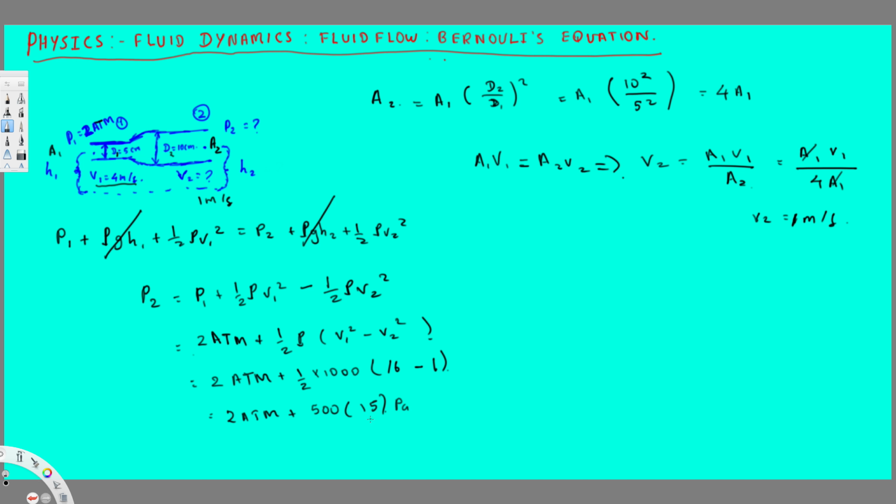We know that 1 atm is going to be equal to about 101,500 Pascal. So let's convert this Pascal into atm. If I convert this, it gives us 0.074 atm. Therefore the final answer is 2.074 atm. That is pressure 2. So pressure 2 is equal to 2.074 atm, and that's how it's done.